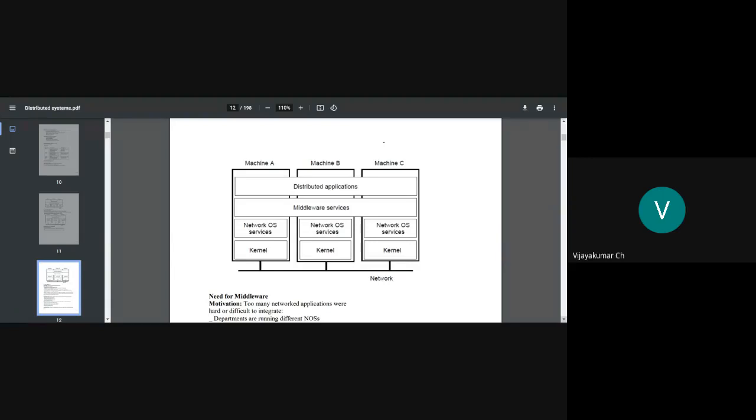After that, what is a network operating system? We have to know. NOS means network operating system services.